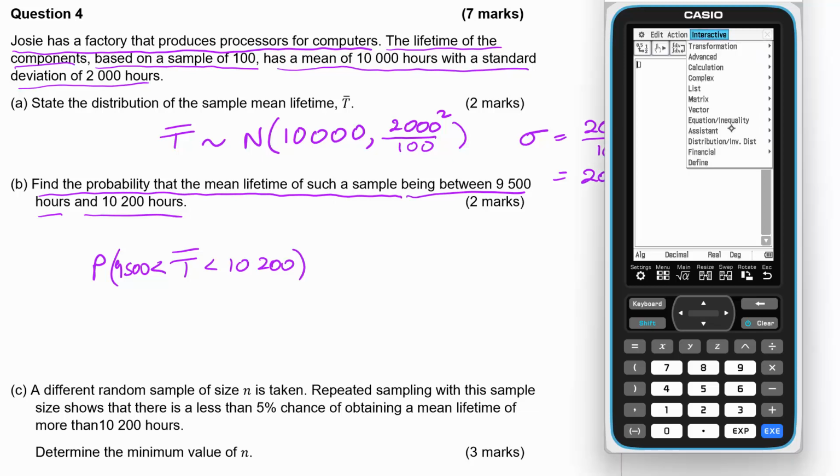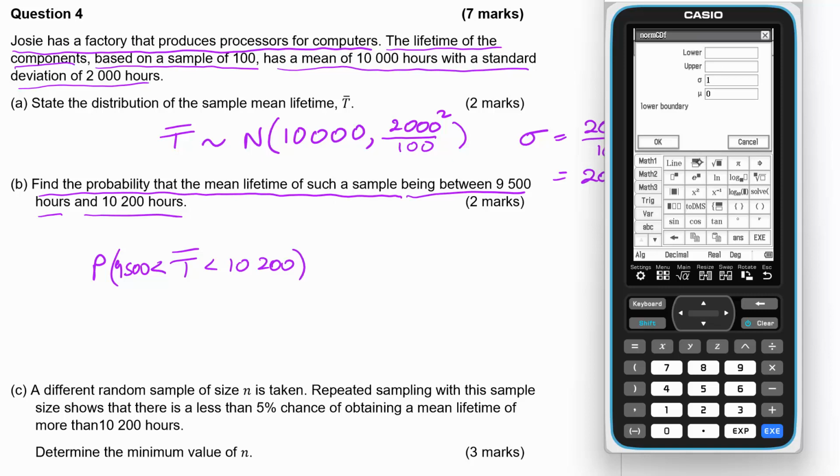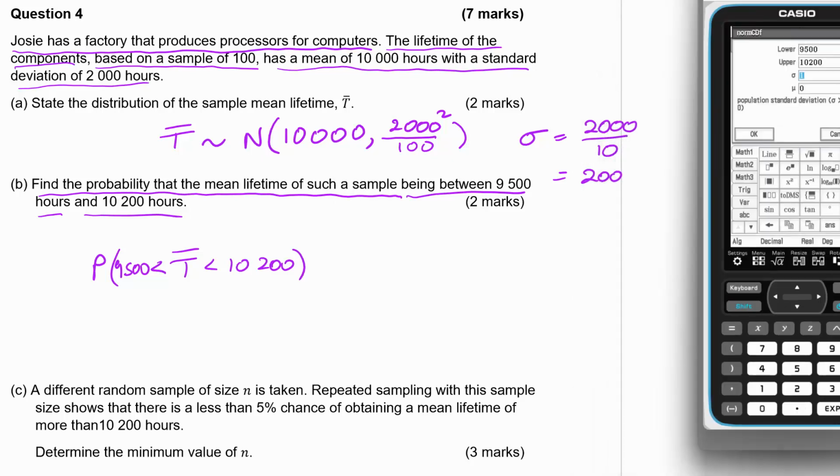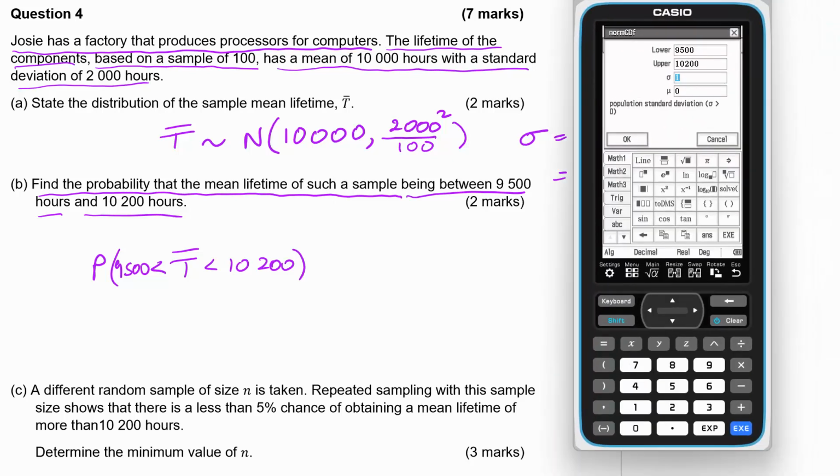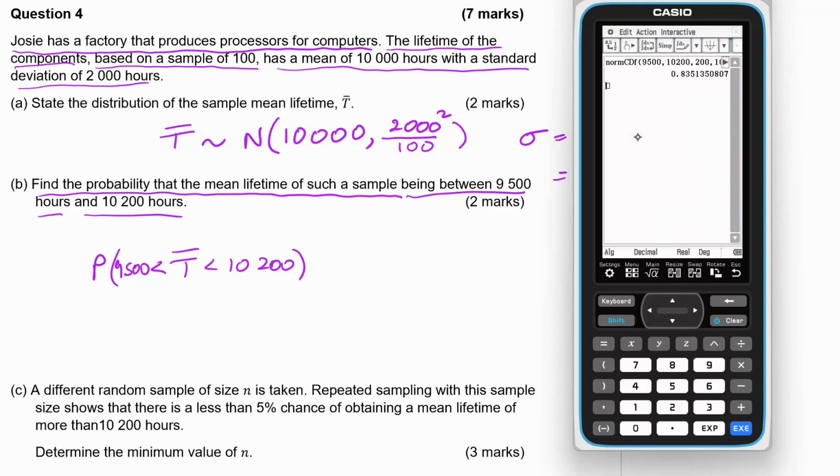So we've got our normal CDF here, and we're going from 9,500 up to 10,200, with the standard deviation being 200 and the mean being 10,000, and that is 0.8351.